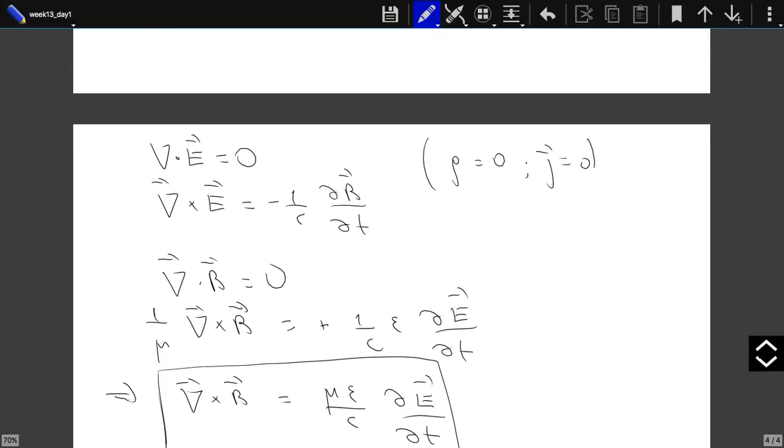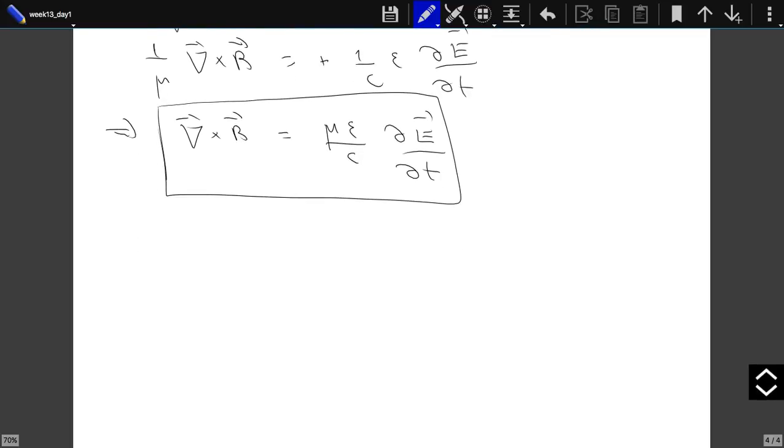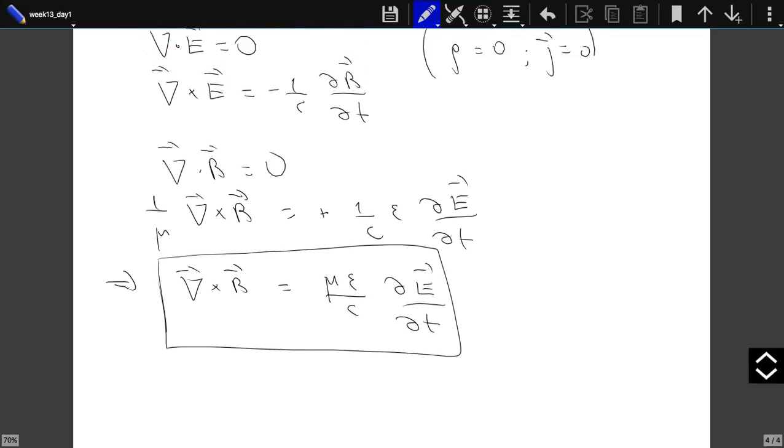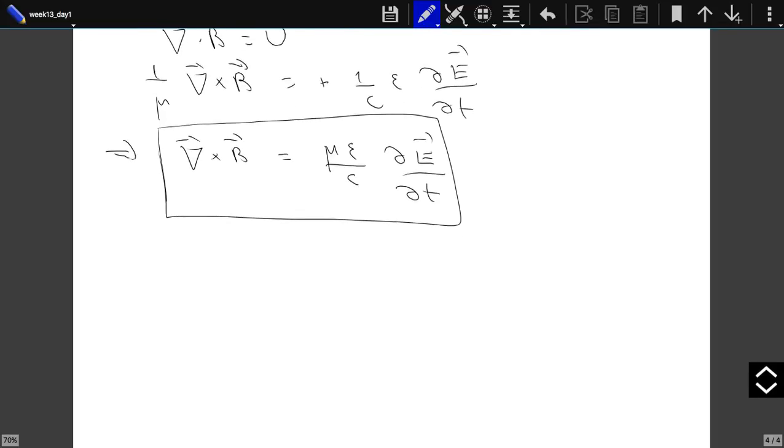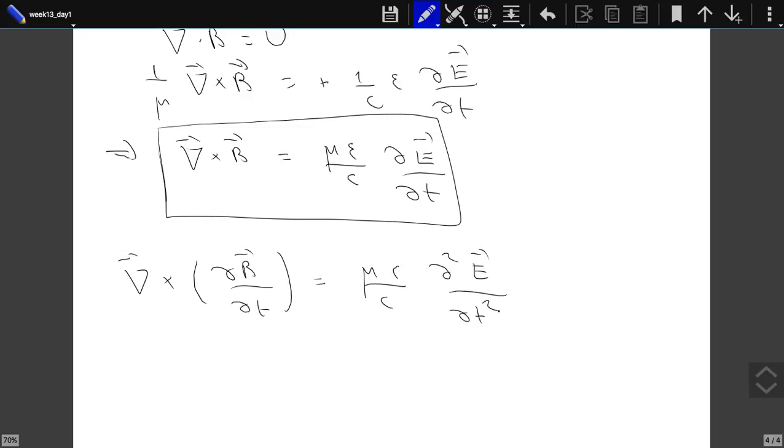Well, let's see, what about the speed of light in our medium? How will it change? Will it depend on this mu and epsilon? So let's look at that. How did we obtain the wave equation from this? For example, we can just take the time derivative of the last expression. If we take the time derivative, curl of del B by del t is equal to mu epsilon over c del squared E by del t squared.